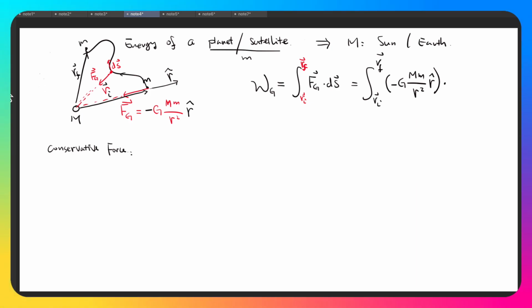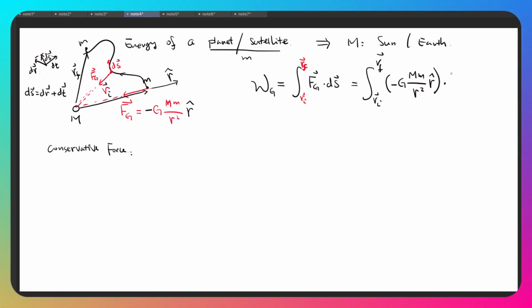Now suppose that we have a displacement ds like that, with radial component dr and tangential component dt. Then we can add them up to form this ds. In other words, ds equals dr plus dt, radial plus tangential.